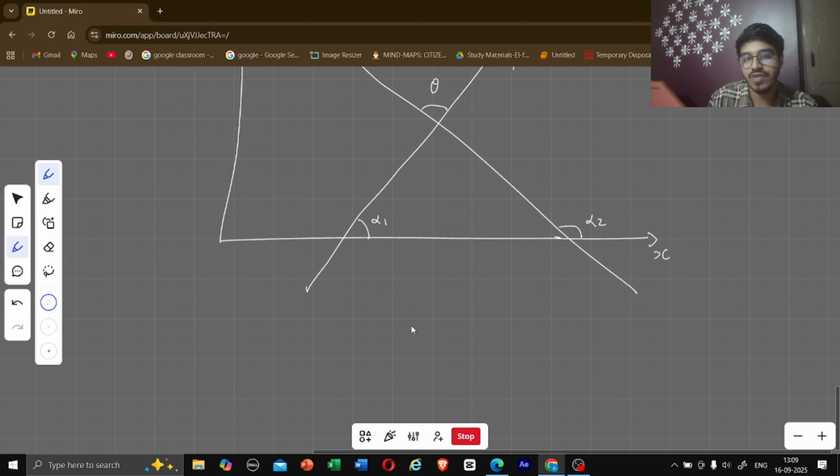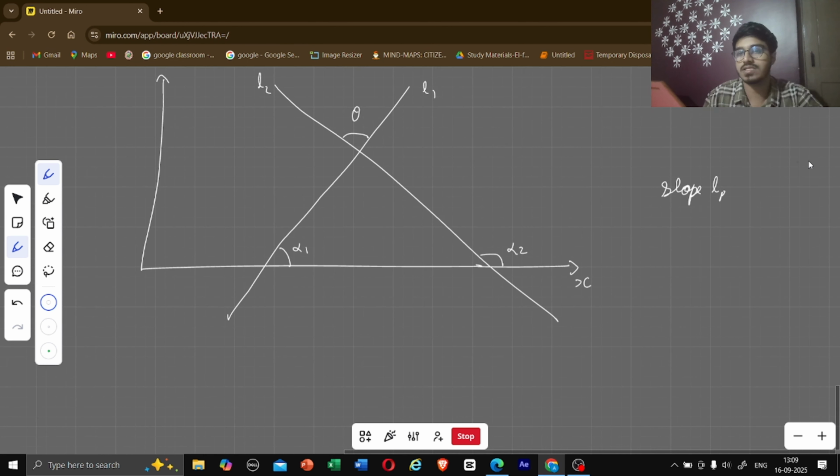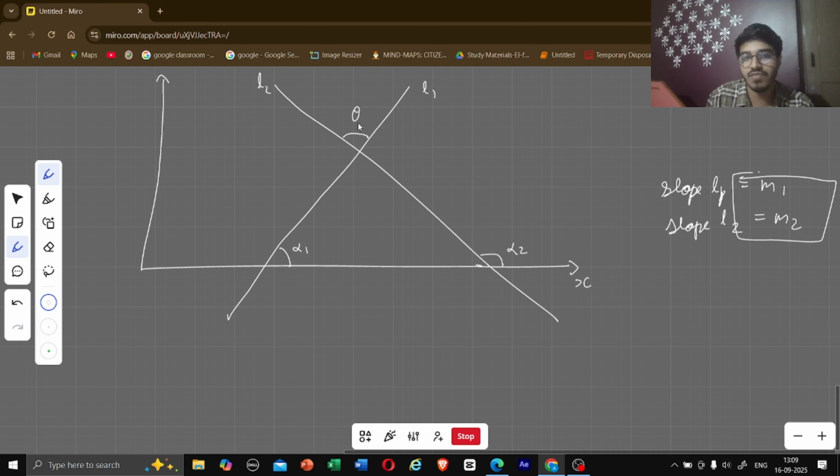Now, if we know the slope of L1 is M1 and the slope of L2 is M2, then we can find the angle of intersection. This theta we can find.